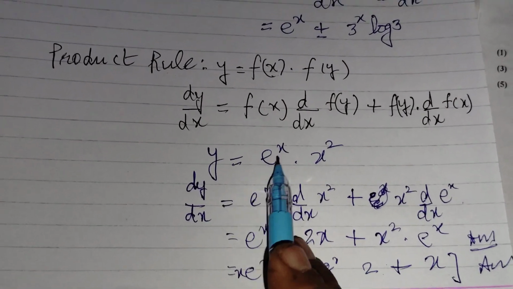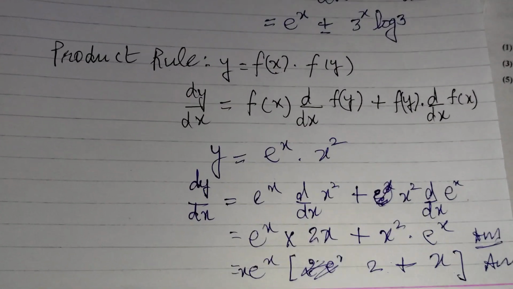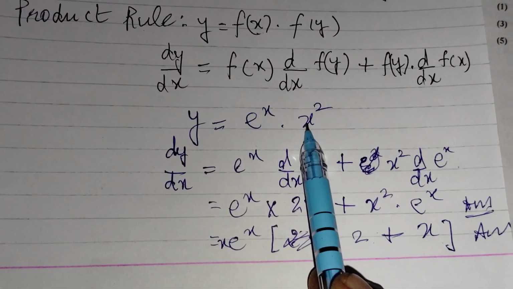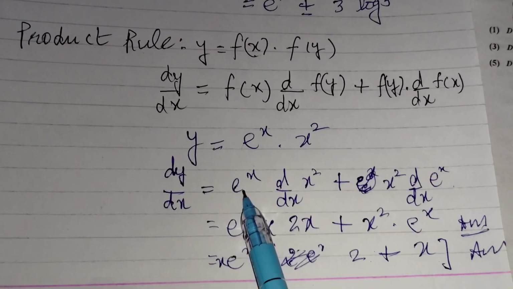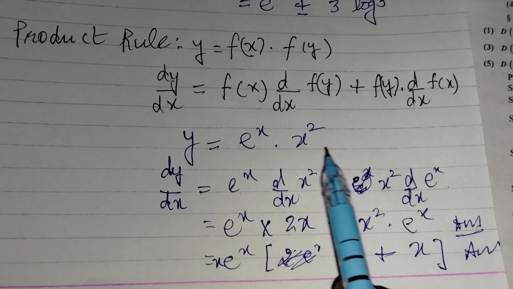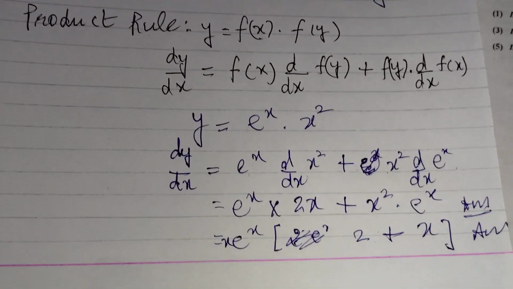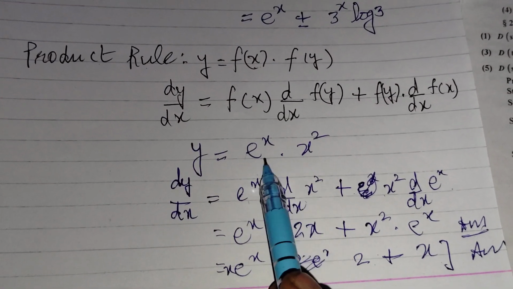So in the product rule, first we can consider one function. We can choose any one. Either this can be considered first or this can be considered first. One function we write as it is, the other function's differentiation, then a plus sign, then the other function constant, and the other function's differentiation. So this is called the product rule. So two functions are there.